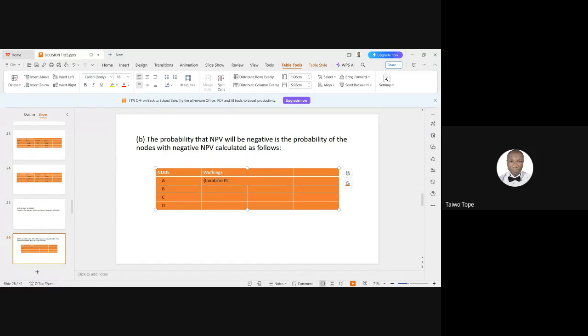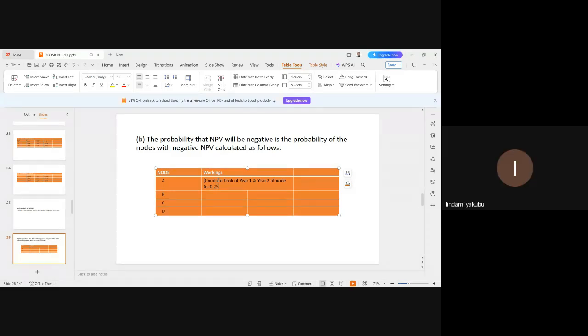So the workings is the combined probability of year one and year two of node A. What is that combined probability? 0.25 multiplied by 0.25 gives 0.0625.